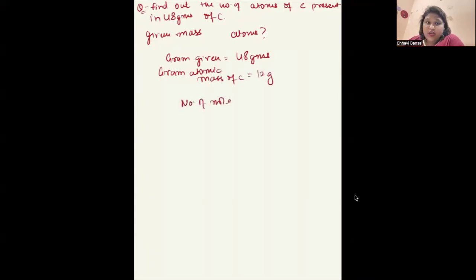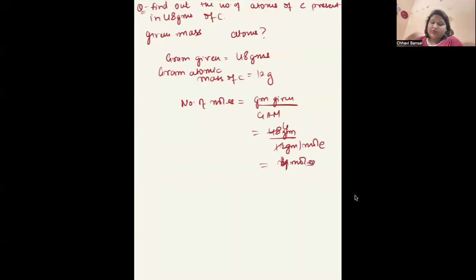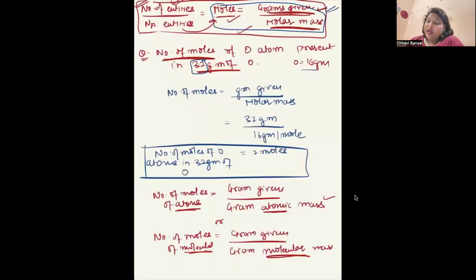Number of moles will be equal to gram given by gram atomic mass, which is equal to 48 grams by 12 gram per mole. So how many moles is it? 4 moles, right? Now this is the first part. This part we have solved. Now we have got the number of moles. We have to find out the number of entities.